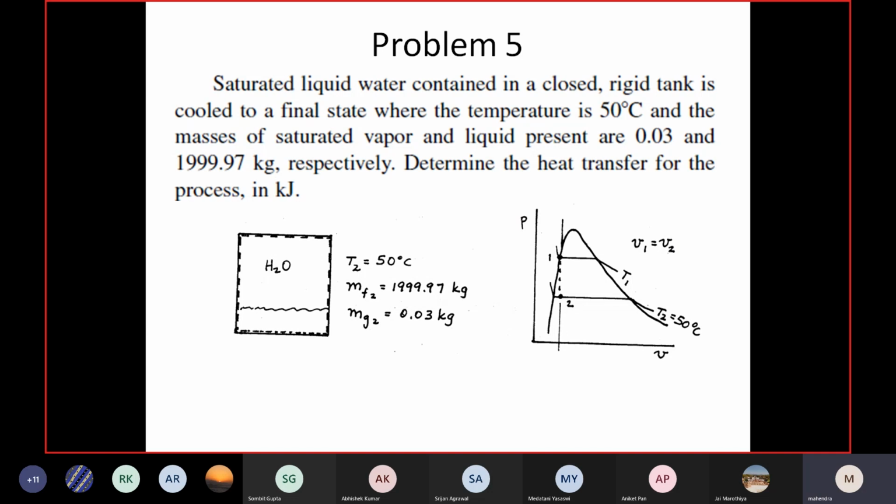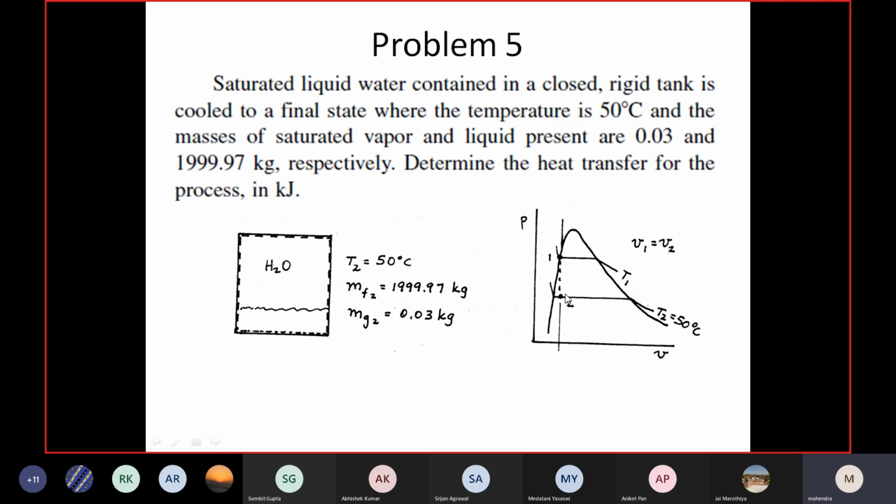So initially the water is a saturated liquid. Okay. And here saturated liquid means about to start evaporation. And then it is allowed to cool to a certain other pressure.